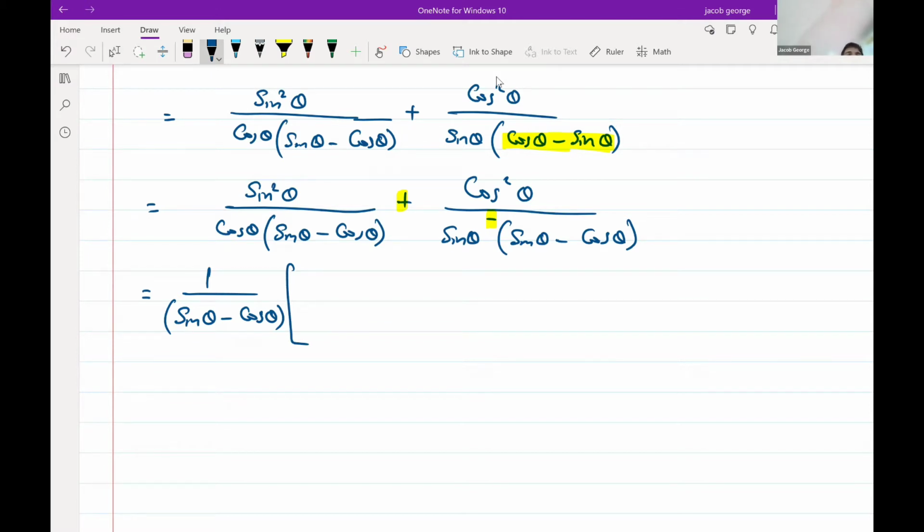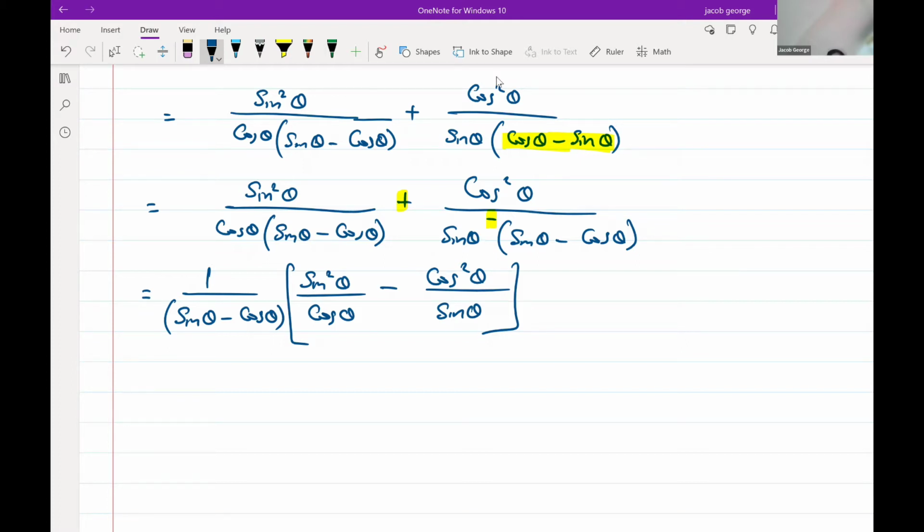Then this is sin square theta by cos theta, positive by negative is negative, minus cos square theta by sin theta. Okay, sin square theta by cos theta minus cos square theta by sin theta. Is that clear? All of you understood this, right?